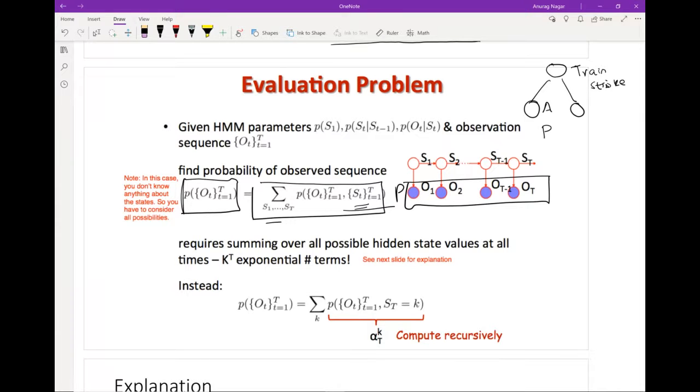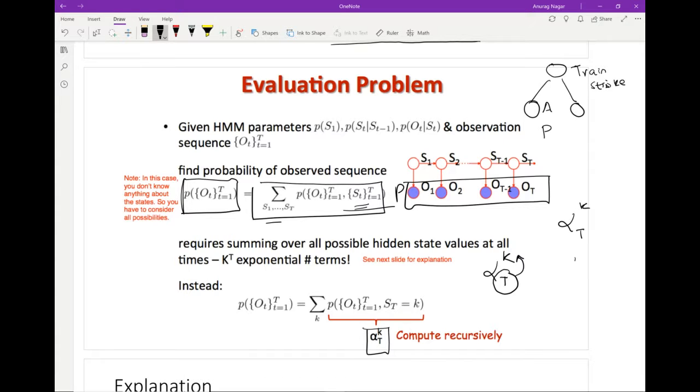So we will define something called alpha. Alpha will be an interesting thing. Alpha underscore t and k. What does this mean? This means after time step t, I am in state k.